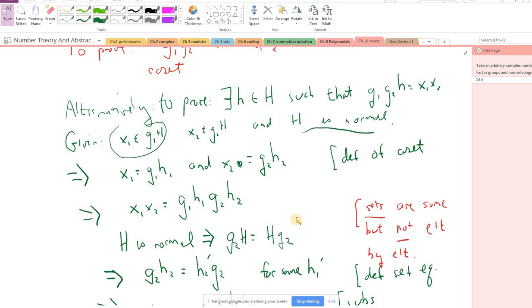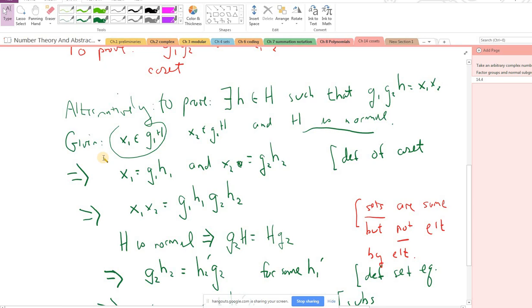You've shown that you can move the H1 over here, and you can move the H2 over here, but you want to move this H1 to the other side of G2.